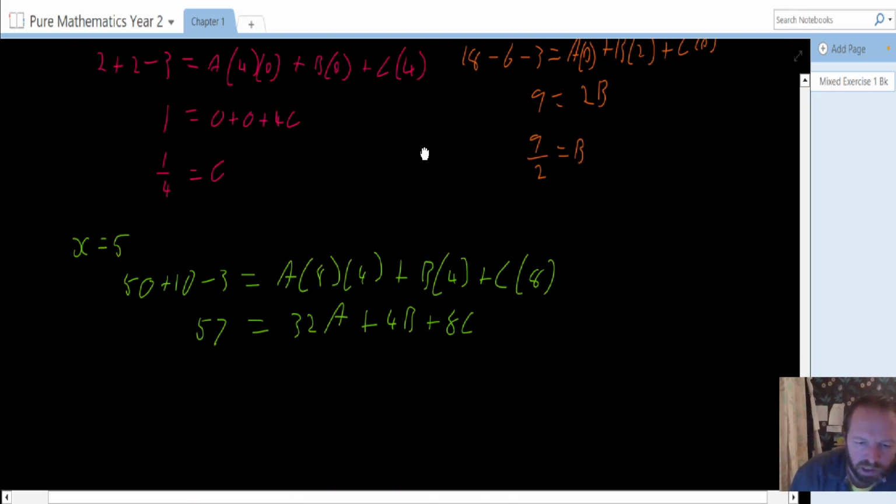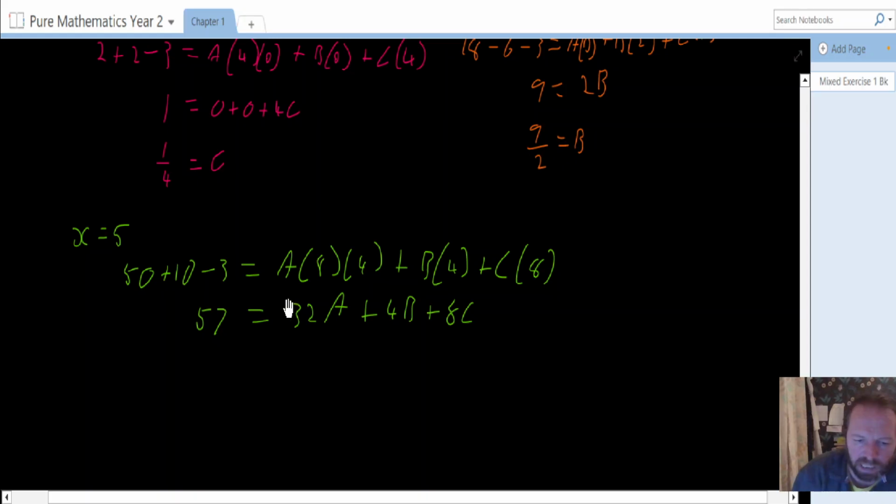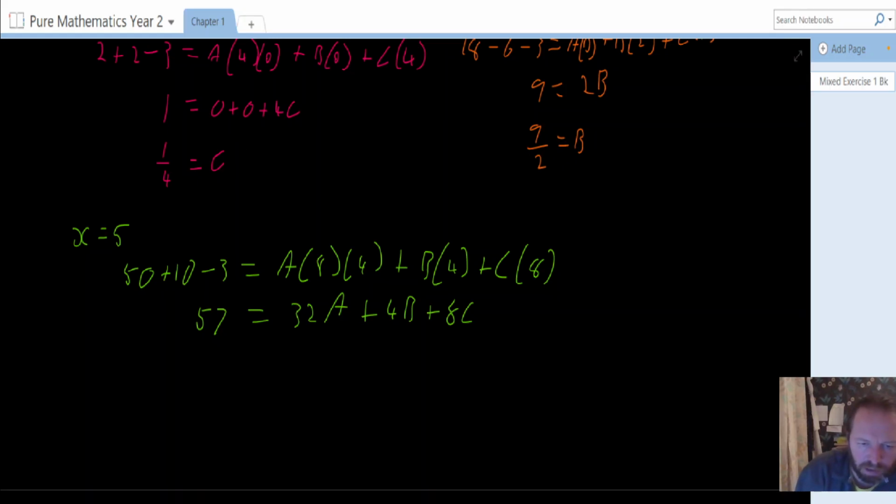We know what c and b are, so let's put those in now. 57 is equal to 32a plus 4 lots of 4.5, isn't it? 4.5 times 4 is 18, and 8 lots of a quarter is 2, of course.